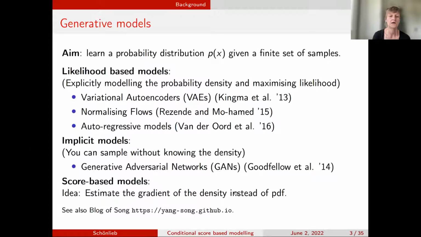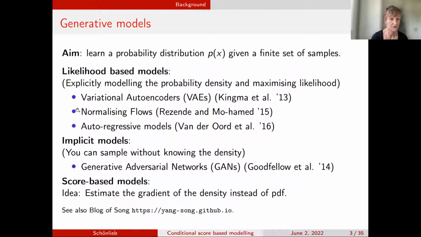Okay, so what is the aim here? We are looking at generative models, and the aim of generative models is that we either want to learn a probability distribution, or we want to learn how to sample from a probability distribution given a finite number of samples, which will be our training set. And there are various generative models that have been discussed in the machine learning literature in the past.